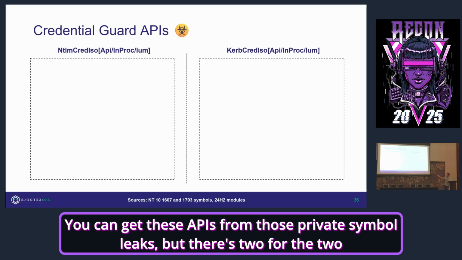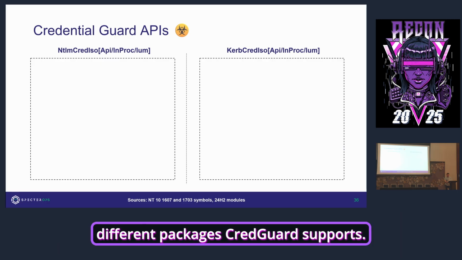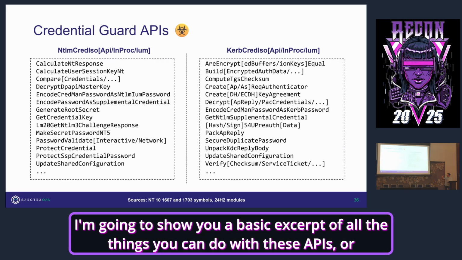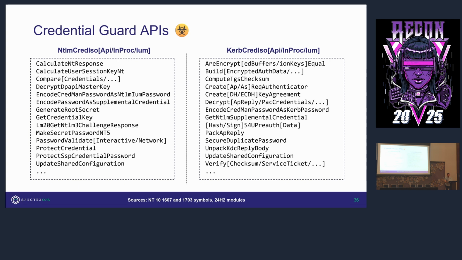You can get these APIs from those private symbol leaks, but there's 2 for the 2 different packages CredGuard supports. I'm going to show you a basic excerpt of all the things you can do with these APIs, or at least all the things LSASS can do.